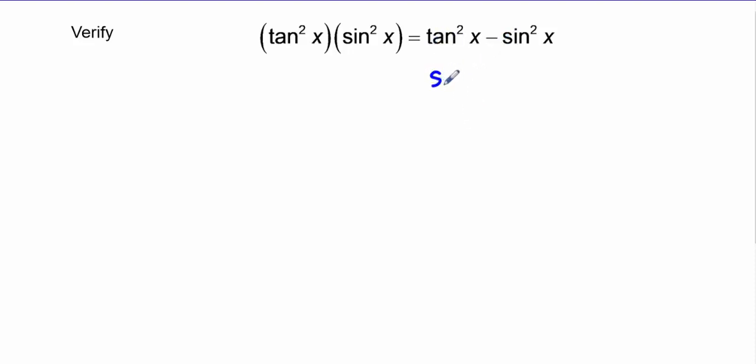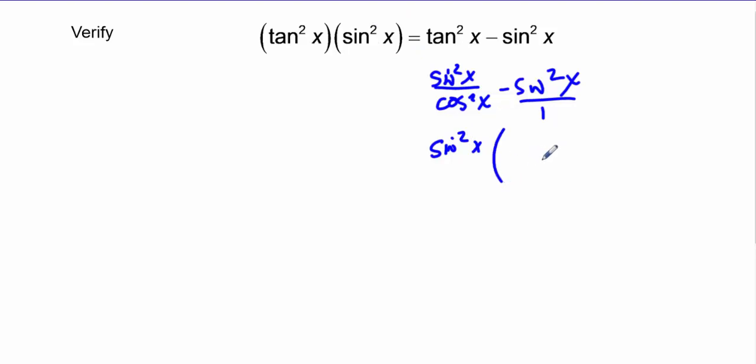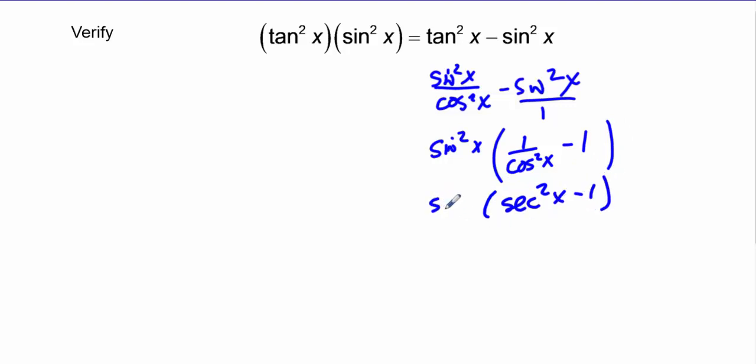If I say that tangent squared is sine squared x over cosine squared x minus sine squared of x, you'll notice in theory that's over 1, so I can pull a sine squared out, which is what I really want to do because I have a sine multiplied by something here. And then in this case, I'm going to have 1 over cosine squared minus a 1. 1 over cosine squared is secant squared. And we know that secant squared minus 1 is tan squared.